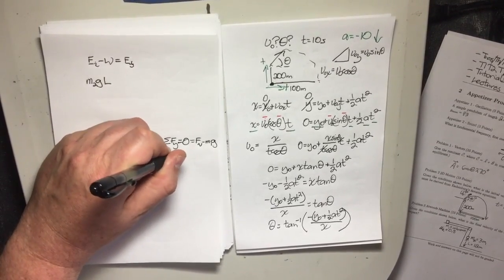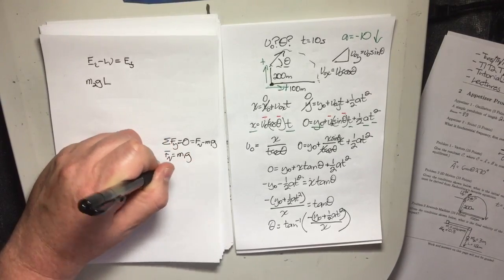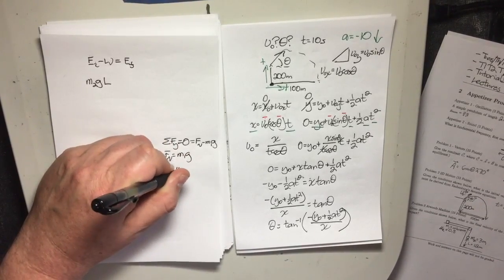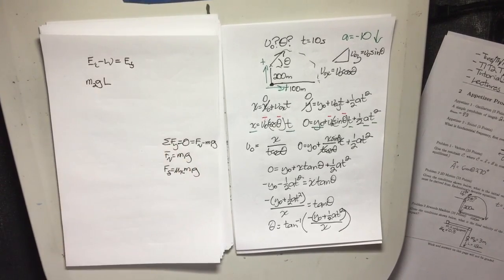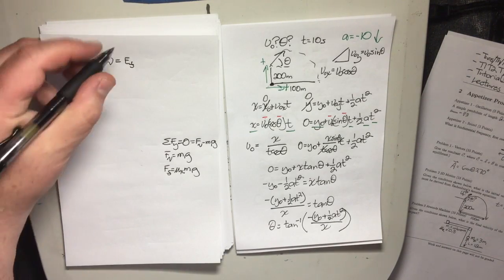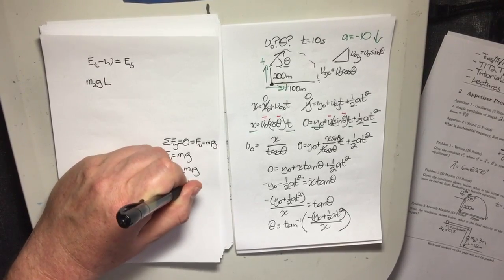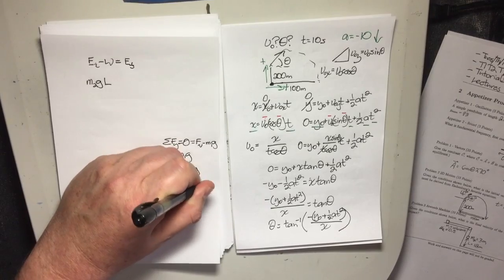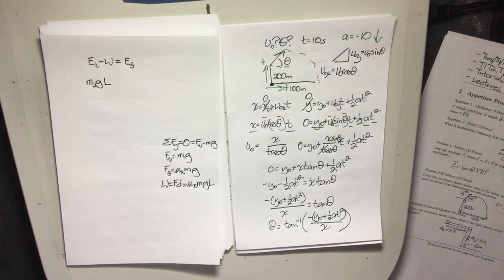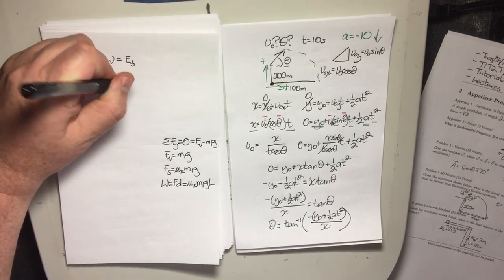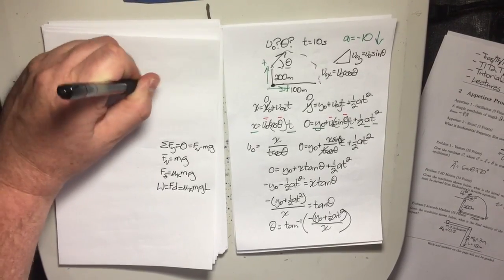Normal force is equal to M1G, so friction force is mu sub K M1G, because friction force is normal force times mu sub K. So the work, which is force times distance, is mu sub K M1G capital L. Because if M2 falls a distance L, M1 moves over a distance L. So this is minus mu sub K M1G capital L.